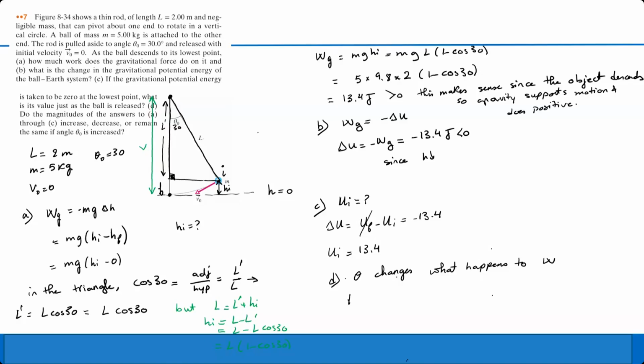So theta 0 increases, I know the work done by gravity increases. And the change in U is going to be more, and U initial will be more as well. And that makes sense. You increase the angle, then the initial height is more, and thus the gravitational potential energy, which is mgh, is also more.